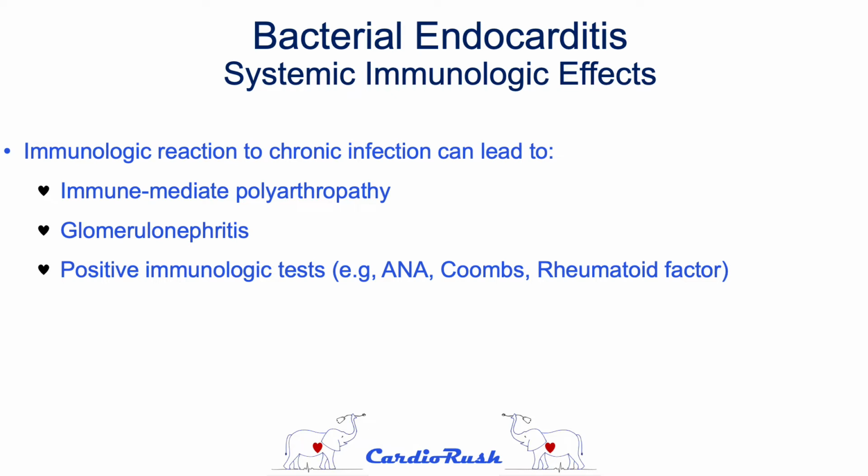In addition, certain immunologic tests, such as the anti-nuclear antibody, the Coombs test, or rheumatoid factor, may develop a positive test in the face of bacterial endocarditis, even though there is not a disease process that would benefit from corticosteroid administration.